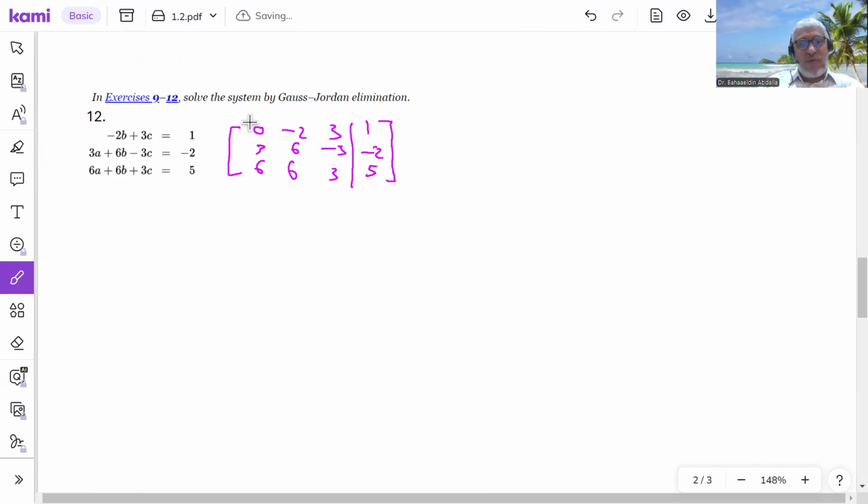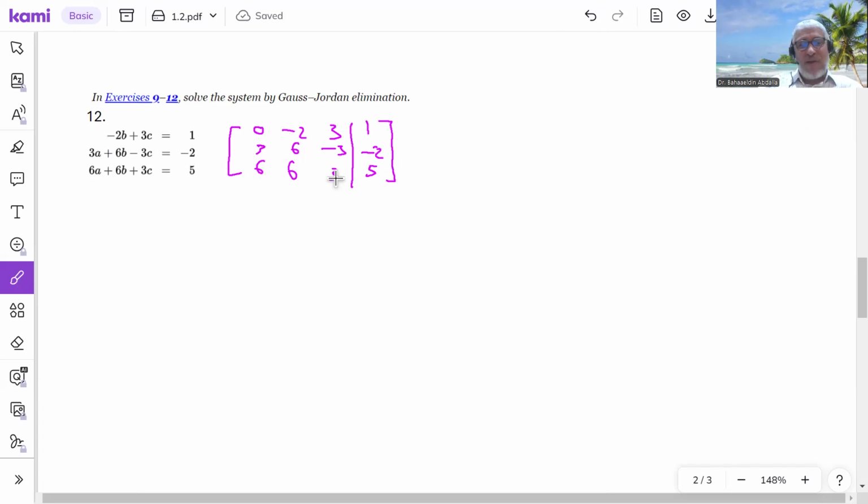This number must be 1. It is not 1. It is 0. I cannot divide by anything and make it 1. So I have to interchange it with a row below. Look carefully at these two rows now. I have 3, and I need to change 3 to 1, so I'll divide by 3. If you divide by 3, I'll get negative 2 over 3, a fraction. To make 6 into 1, I'll divide by 6.